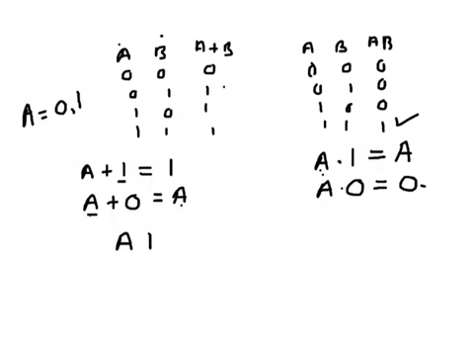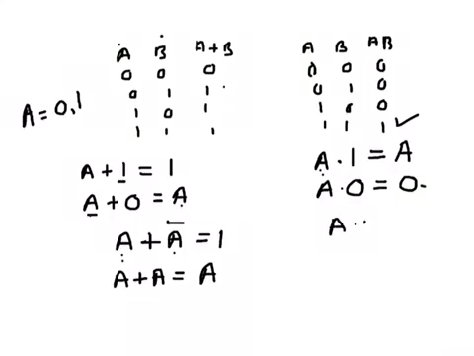So A or A bar: if A is 0, the other one is 1, and if A is 1, A bar is 0. So this is always 1. And then A plus A is always A. So A or A, if both are 0, the output is 0. If both are 1, the output is 1.